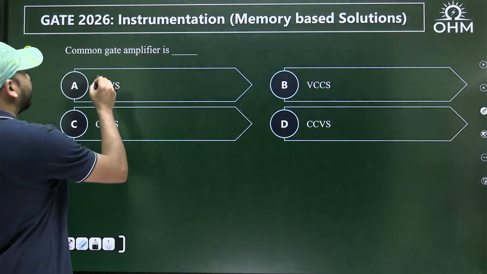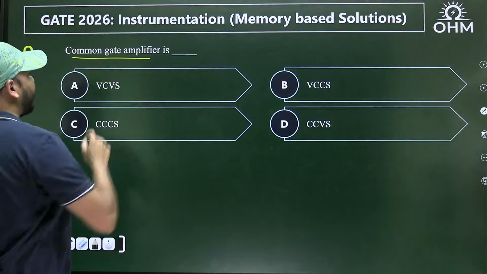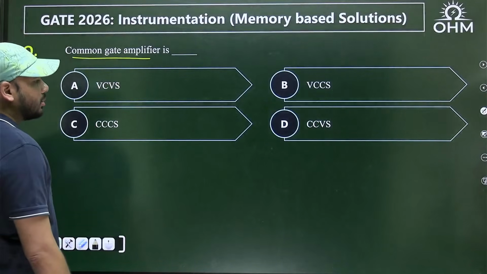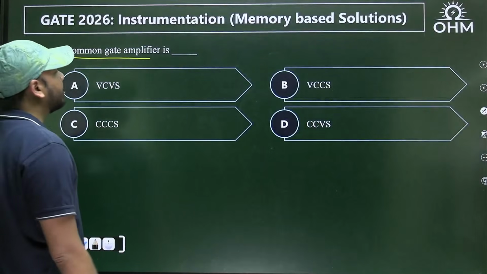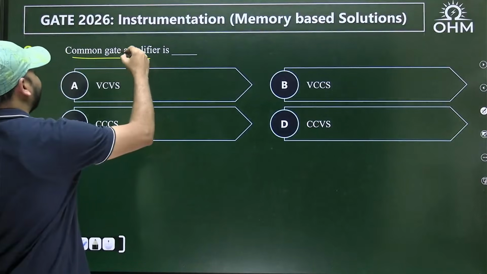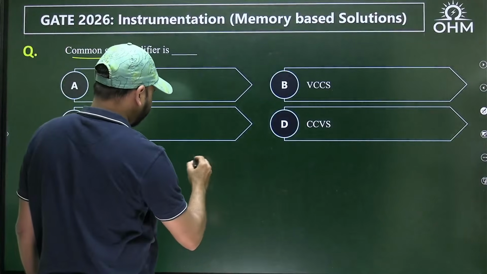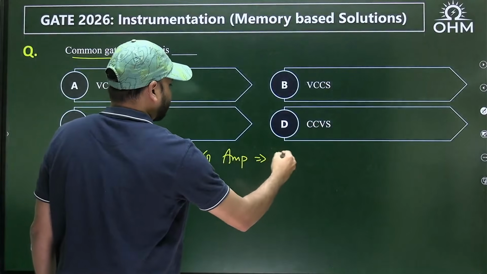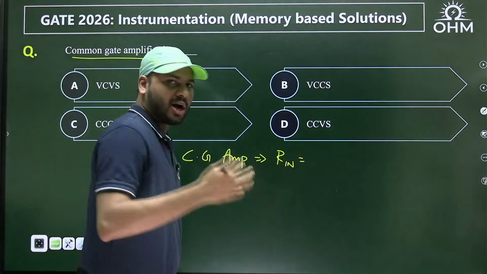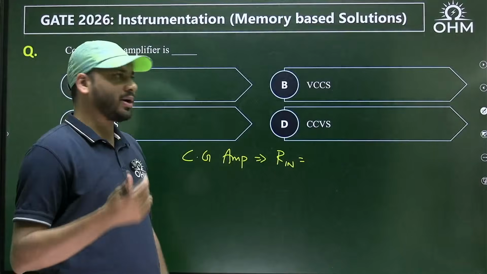All right, moving on to the next question. Common gate amplifier: what is the input resistance? In a common gate amplifier, the input is applied at the source.